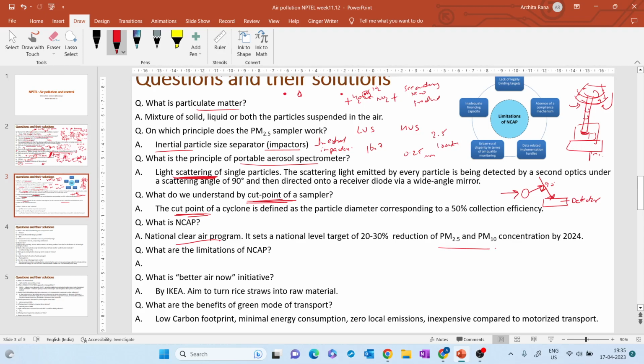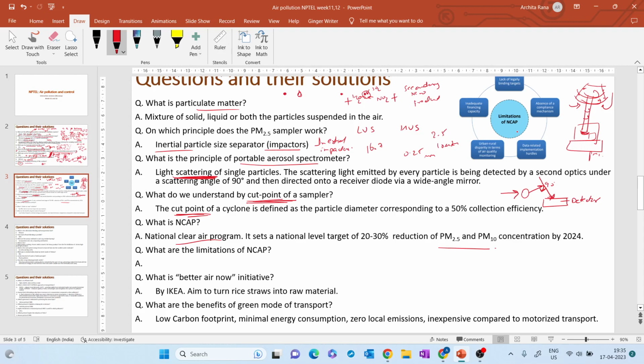Now it has limitations again. I will generally say that for any program, the first limitation is that whatever you start, even if a government agency has started a program, everything is legally binding.